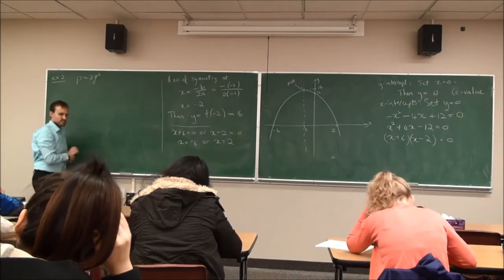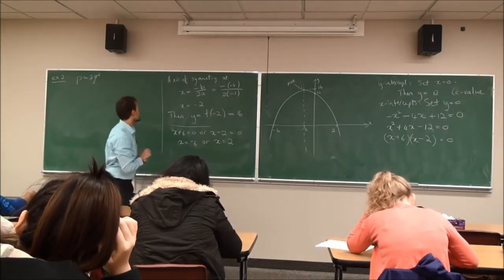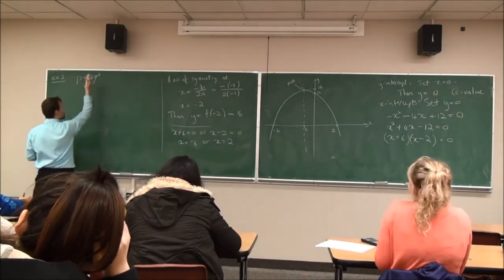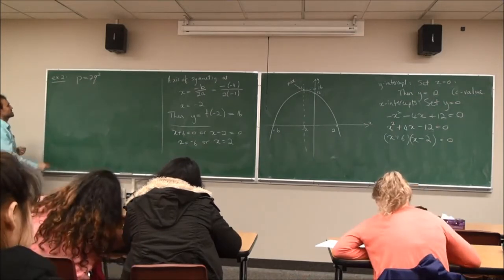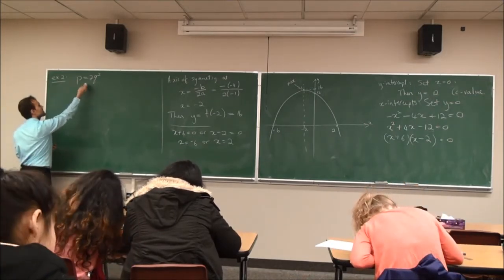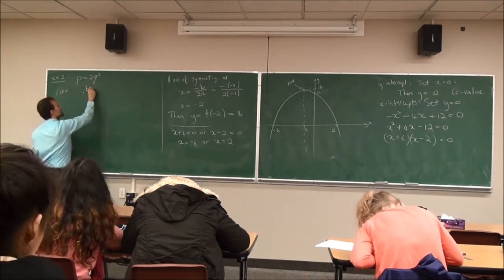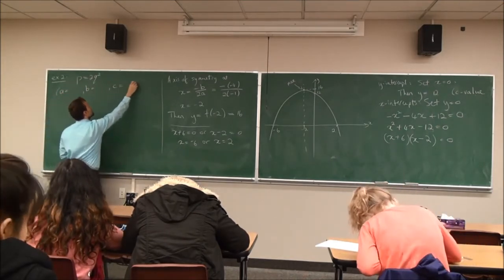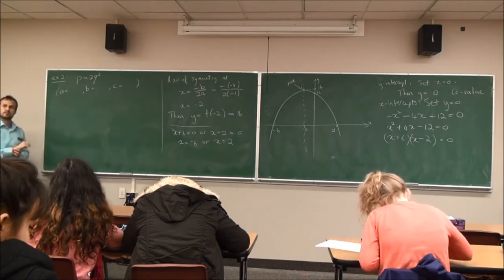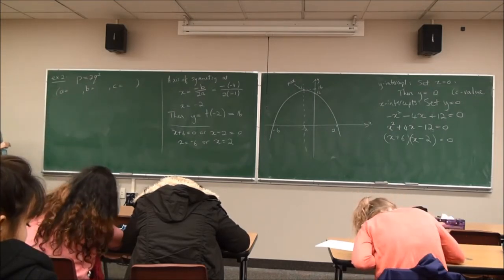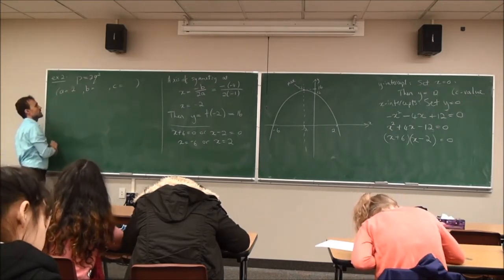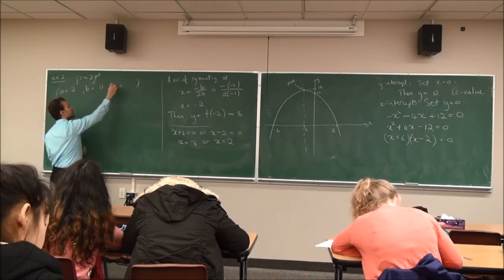Okay, here's my next function. x, y, p, q, whatever, doesn't matter. Here's my quadratic function. Is it a quadratic function? What is a, b, and c? a is 2, b is 0, and c is 0.